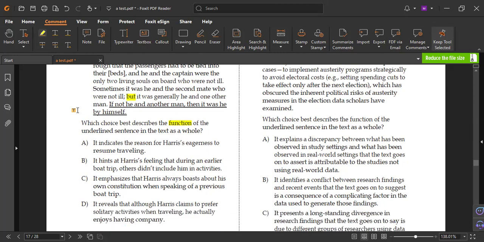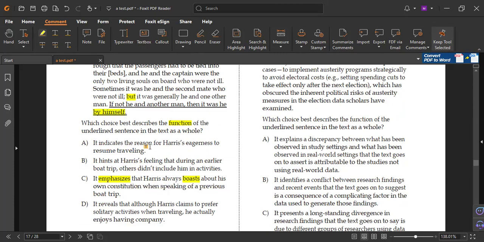Harris always boasts about his own constitution when speaking of a previous boat trip. So here "by himself" is already an intensive pronoun to emphasize an idea.